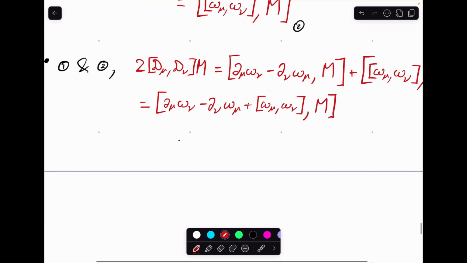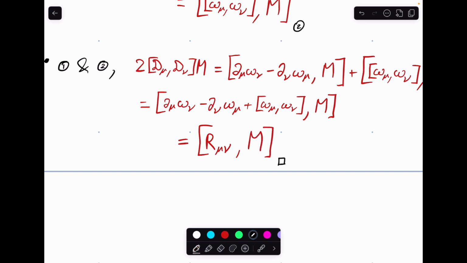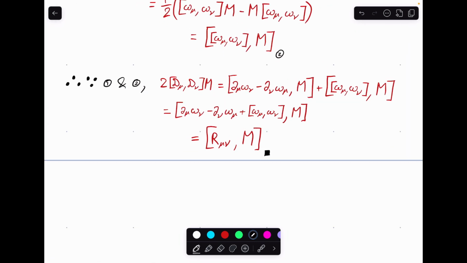And this is the definition of the Riemann tensor mu nu with M. So this is the Riemann tensor. Specifically, it is a bivector. So this is the Riemann bivector.